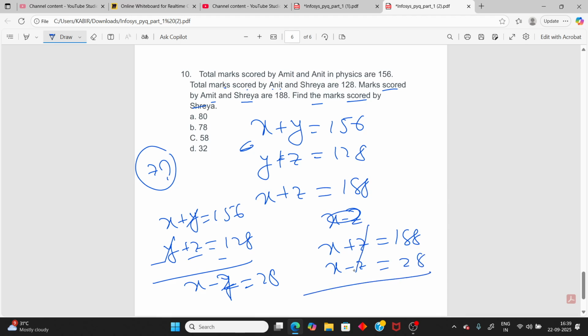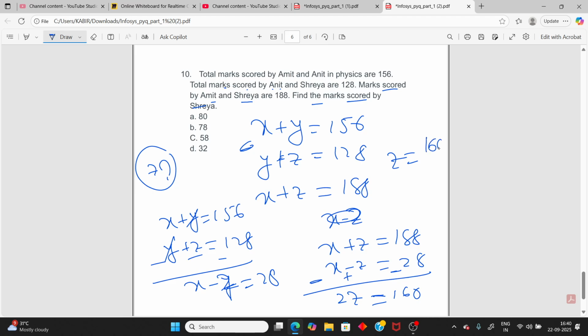If you do this, because I need just the Z value, I subtract: 2z equals 188 minus 28, that becomes 160. So z equals 160 by 2. So that is 80. So the Z value is 80.